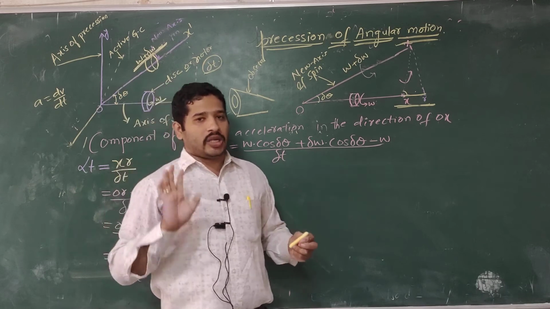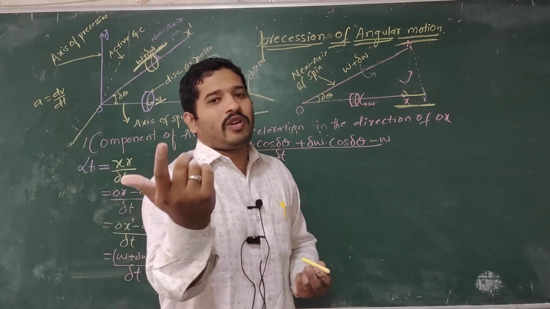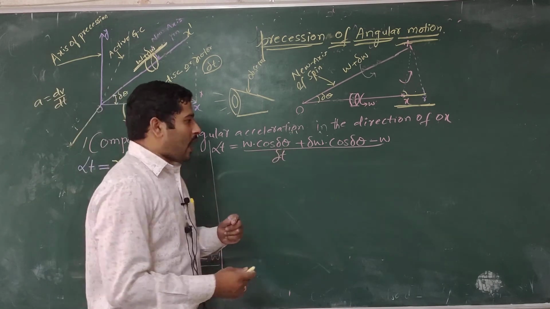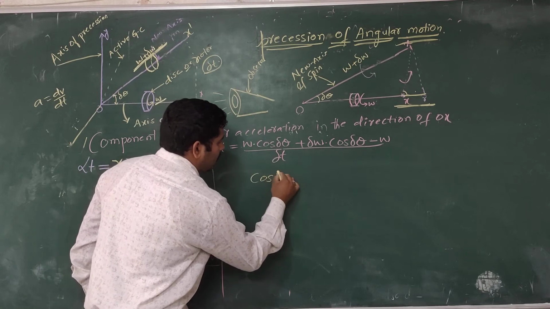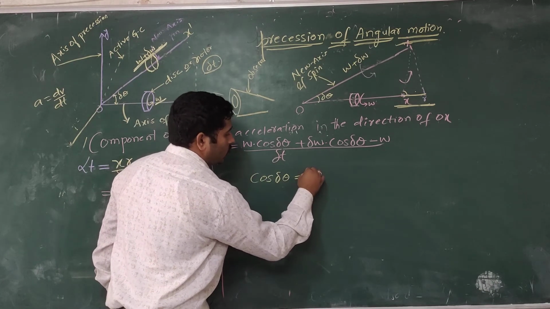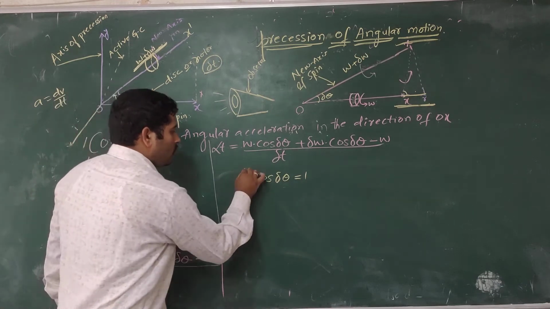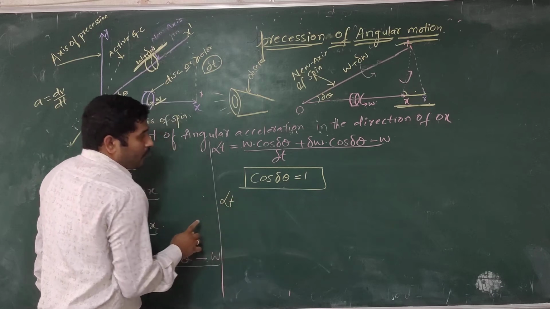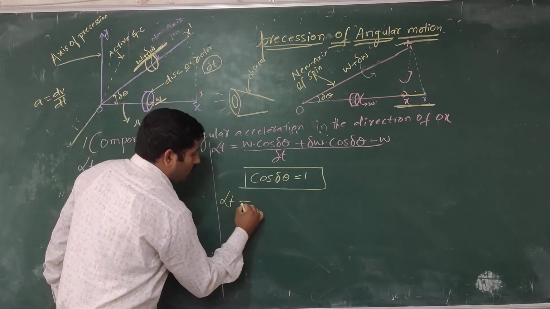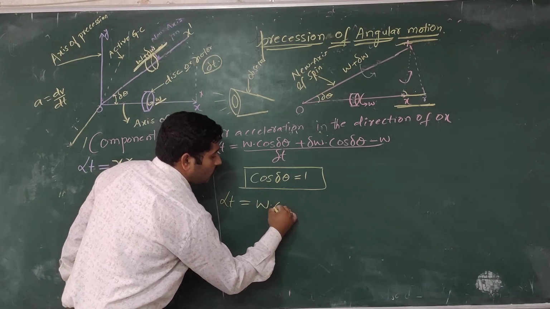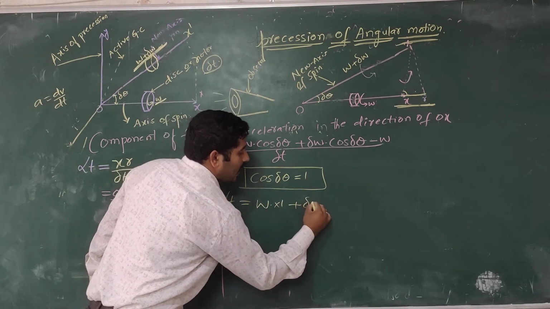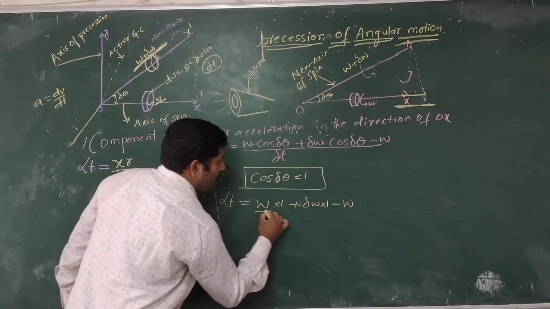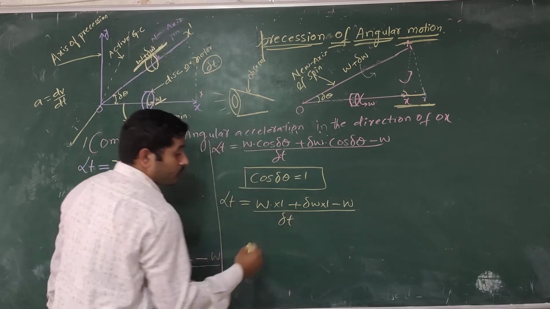Okay dear, then we know very well cos delta theta means how much angle change? The small angle change, nothing but it will be considered negligible. So cos delta theta is equal to 1. We can represent this. Okay dear, then alpha t, the angular acceleration, equals omega into 1 plus delta omega into 1 minus omega by delta t.